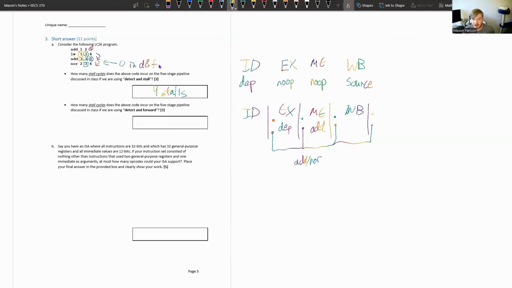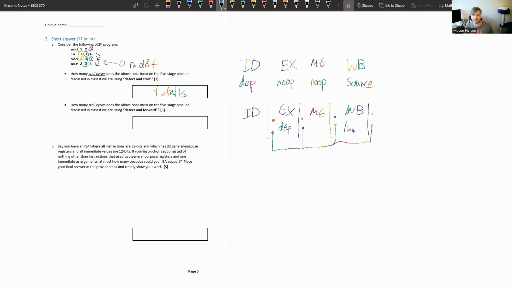If we're doing detect and forward with an LW though, an LW will not have its value until after the mem stage. This is because LWs have to actually get their value from memory. Sure, you'll have an address as you exit the execute stage, but you won't have the actual value that it will eventually write back to a register.